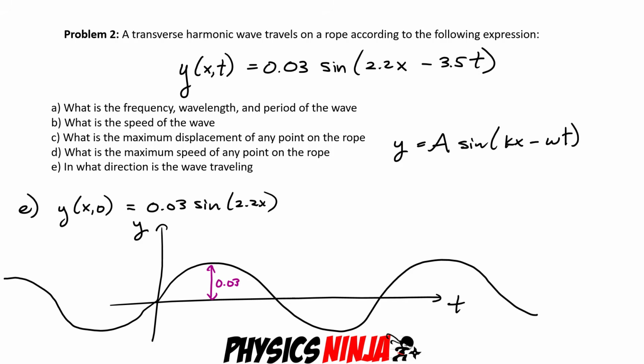Now let's go to a different color, blue, for example. Now I'm going to add the other term that depends on time. So now the more general expression is 0.03, the same amplitude, sine of 2.2x minus 3.5t. Imagine there is a small value of time. Look what happens to this term.